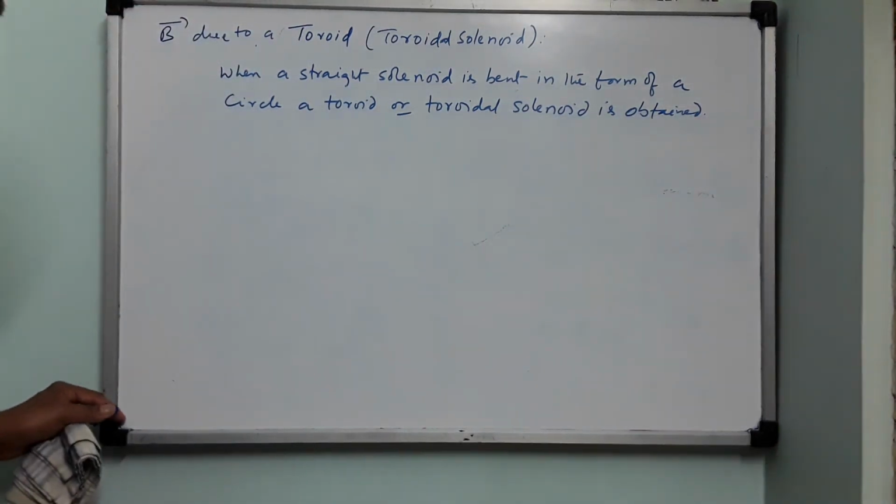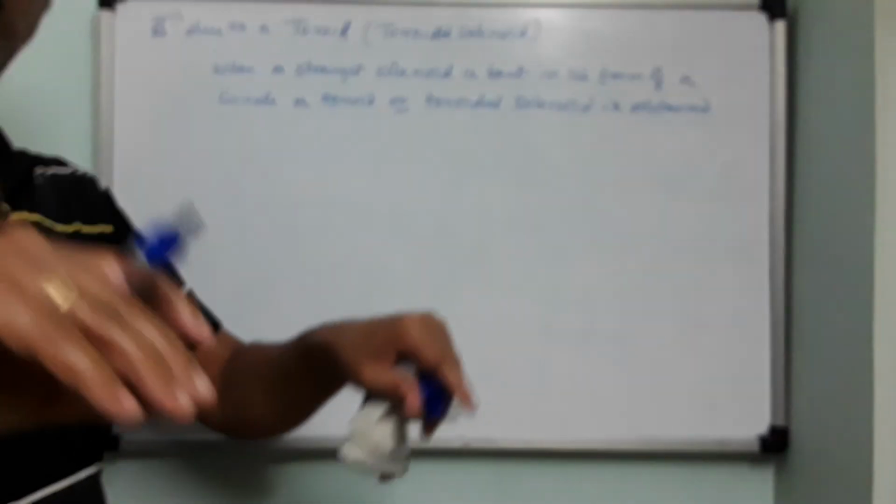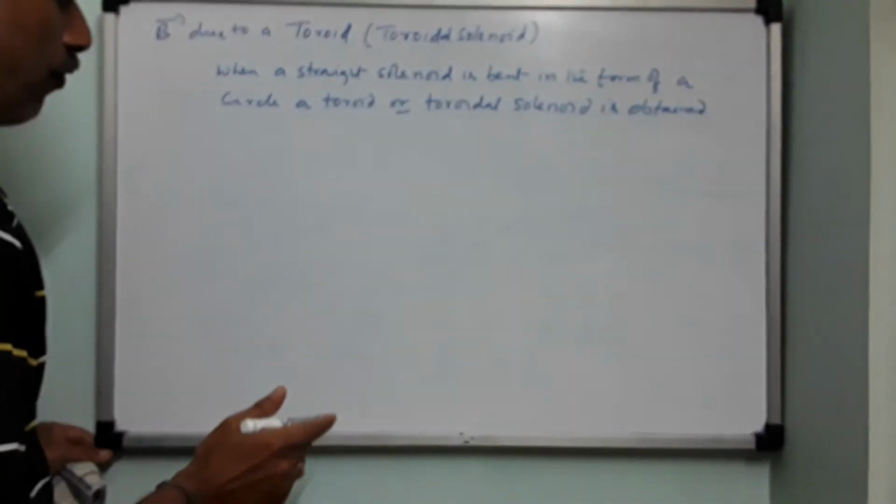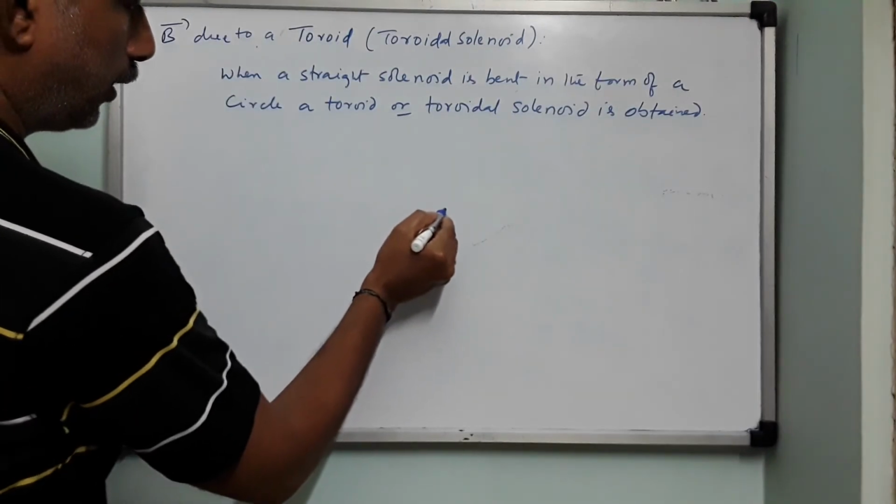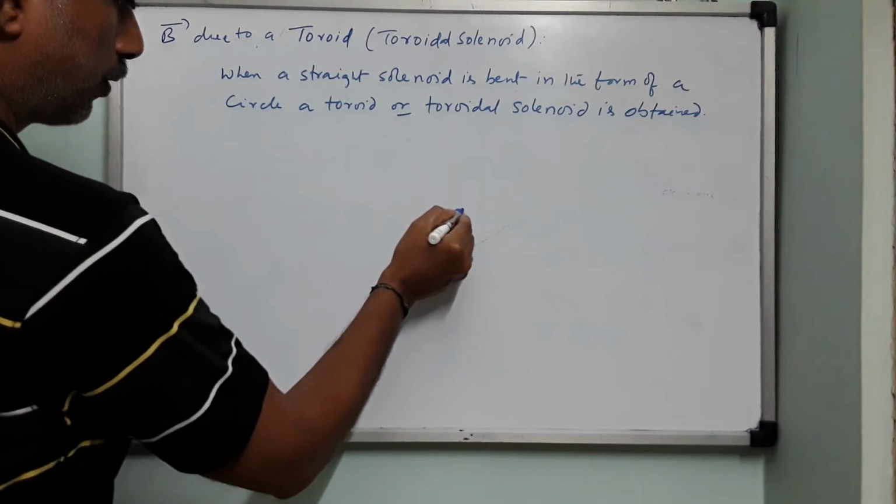Just remember the statement. Now, the long solenoid only, I am going to bend in the form of a circle. So for my convenience, I draw the borders first.